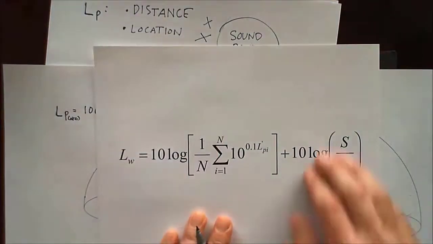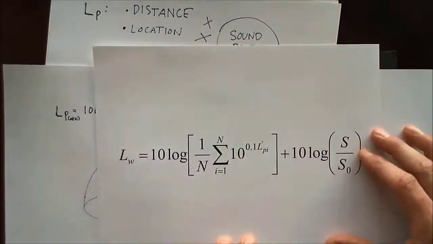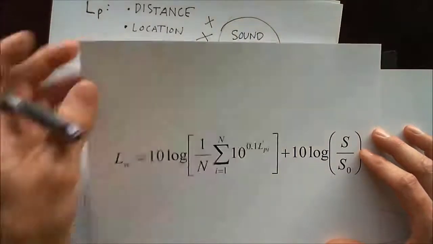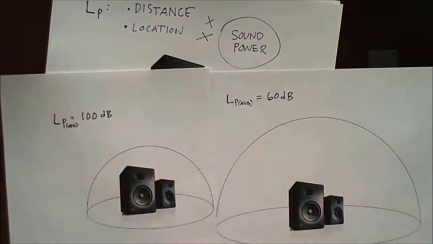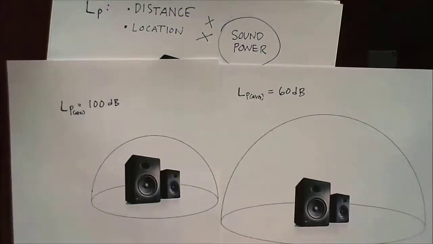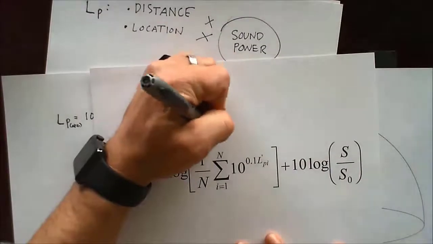Or if the measurement hemisphere is bigger, our surface area is going to be bigger, and so correspondingly our average pressure is going to drop, right? So as this sphere goes from small to big, this measured pressure goes down, or this term here drops.